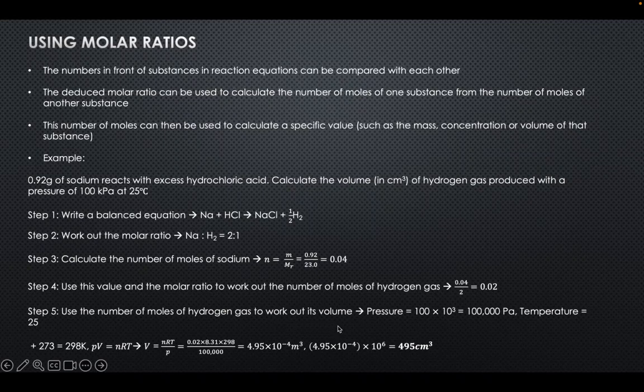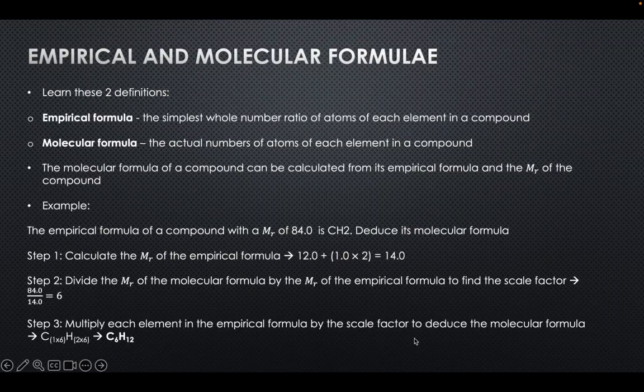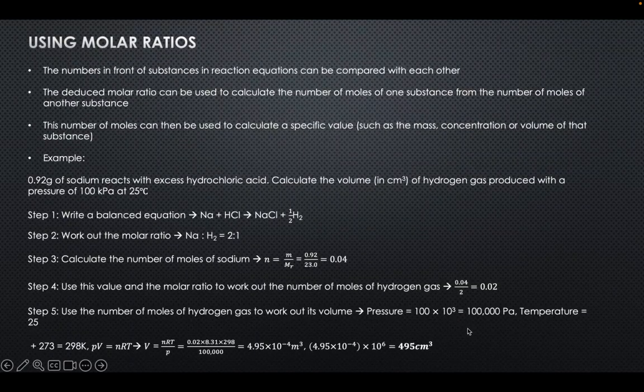So the first step is going to be our unit conversions. Our pressure, we've been given in kilopascals, but we need it in pascals. So if we times by 10 to the 3, we'll get our pressure in pascals, 100,000. Now for the units of temperature, we've been given it in degrees Celsius, but we need it in Kelvin, so we're going to add 273 to 25, which is 298 Kelvin, okay?